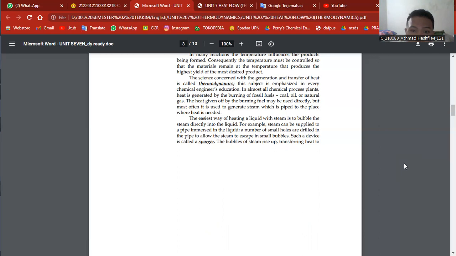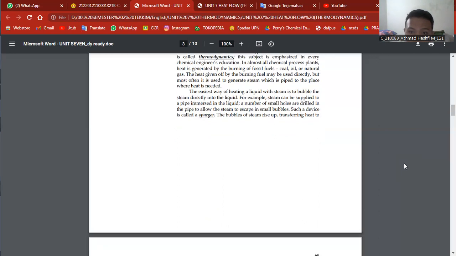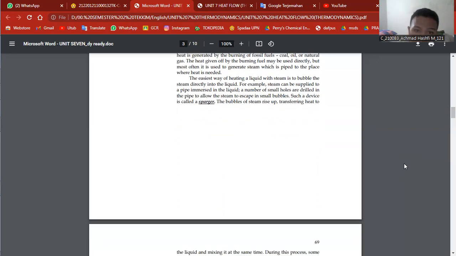The easiest way of heating a liquid with steam is to bubble the steam directly into the liquid. For example, steam can be supplied to a pipe immersed in the liquid. A number of small holes are drilled in the pipe to allow the steam to escape in small bubbles. Such a device is called a sparger.